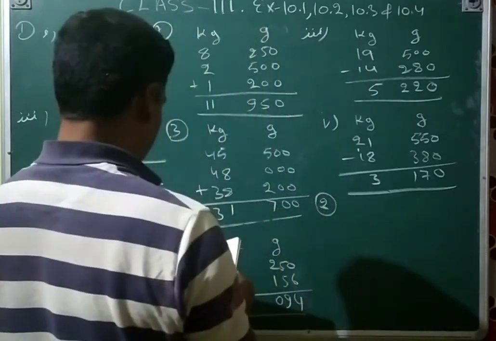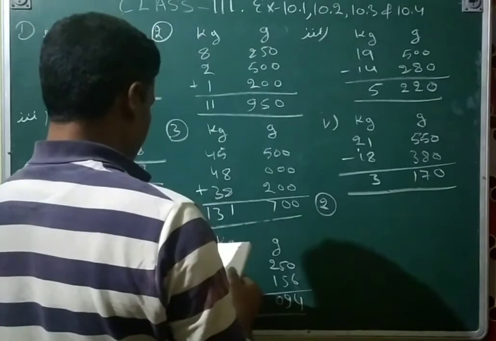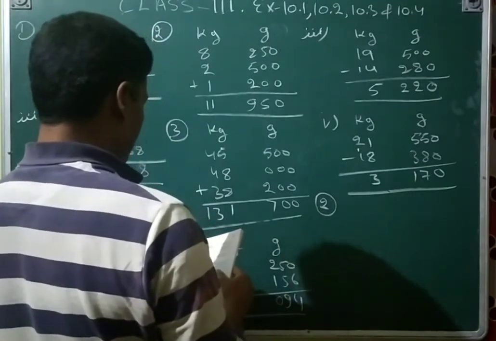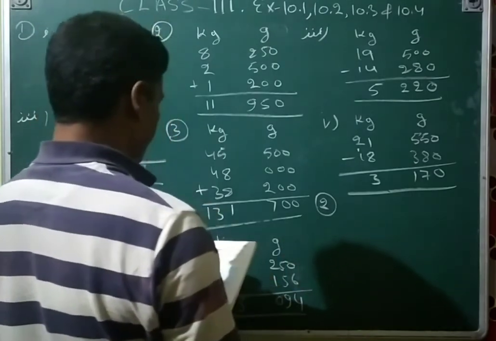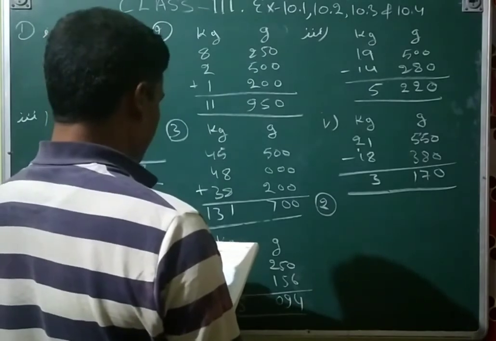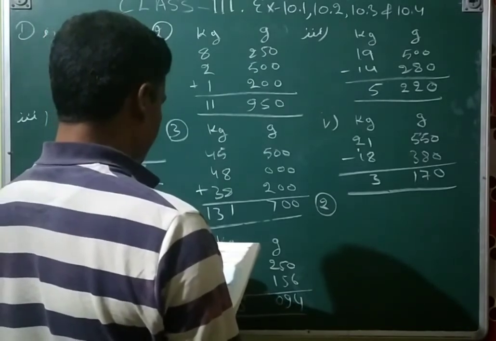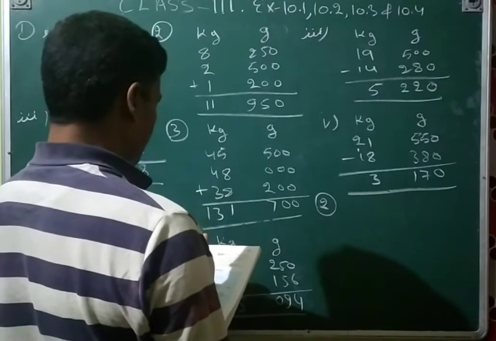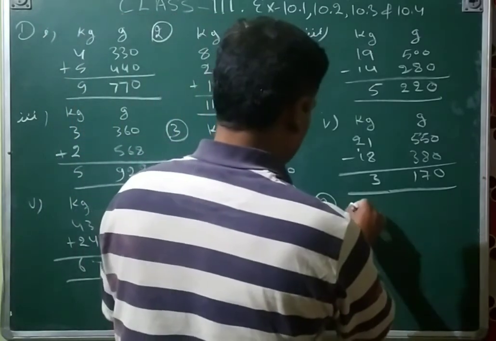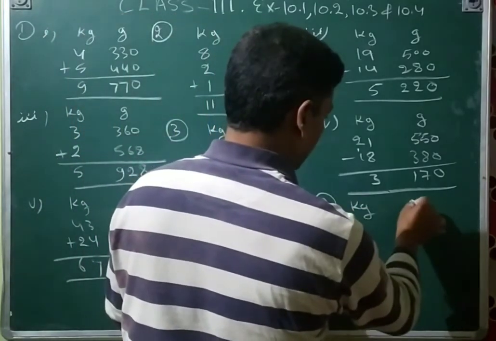Second question is that on Eid, Rahman bought 10 kg 250 gram of sweets. He distributed 8 kg 350 gram of sweets among his friends. How much sweet was left with him? So that will be kg and then gram.